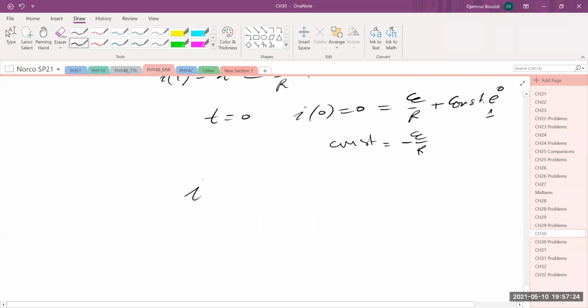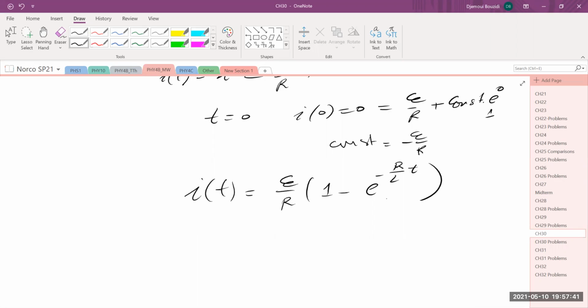So we have found the solution in here for the current in general. I sub t is going to be epsilon over r times 1 minus exponential minus r over L t. I know it looks similar to the charging of the capacitor, and it is. Except there you were building a charge in a capacitor. Now you're building a current in the conductor.